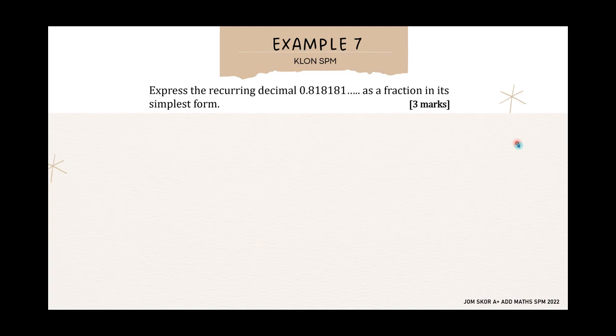Okay, soalannya dia minta untuk kita express as a fraction in its simplest form. Okay, now look at this option. First sekali, we let n is equal to that decimal. So n is equal to 0.818181, and denote as equation number 1.